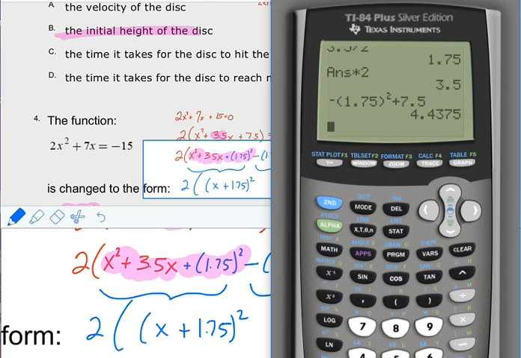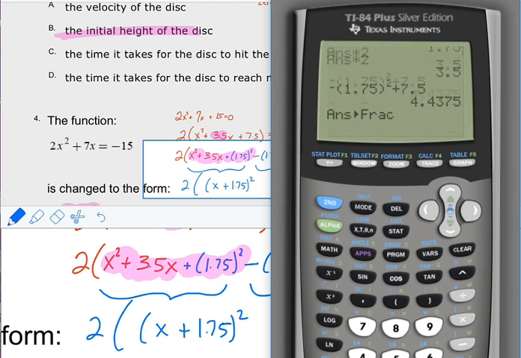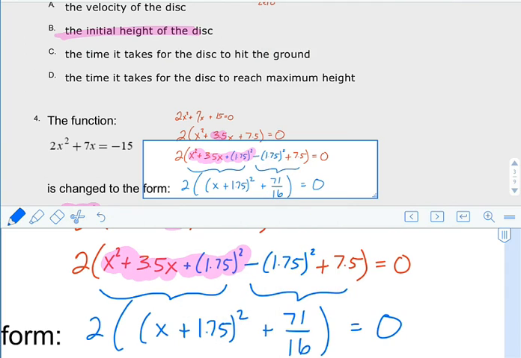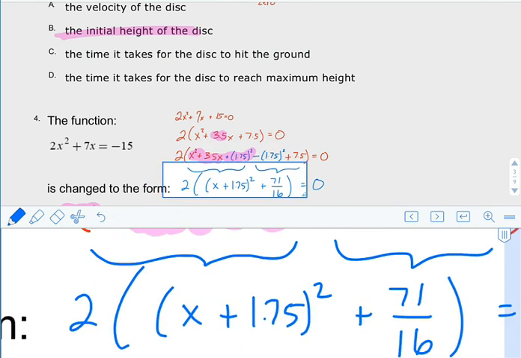And I get 4.4375. I don't like that decimal value. I think I'm going to math frack it a little bit. 71/16. I like that a little better than that decimal. So I write that there at the end.